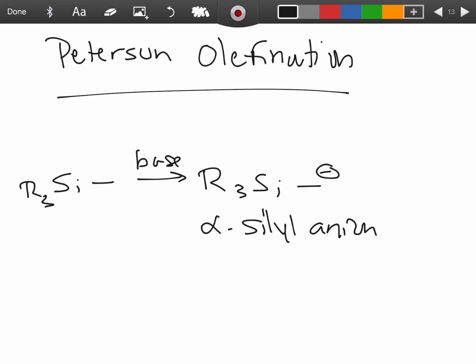And then that's able to add to a carbonyl compound. Maybe it's an R3 and R4 to kind of match my slides.